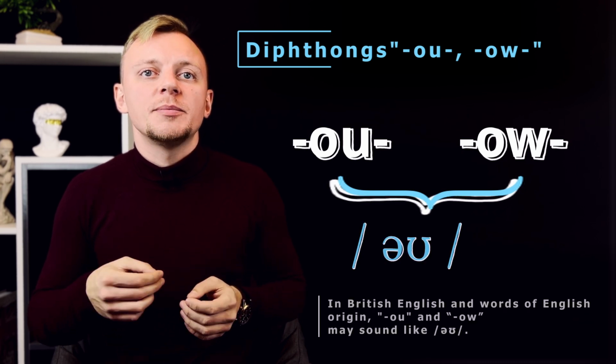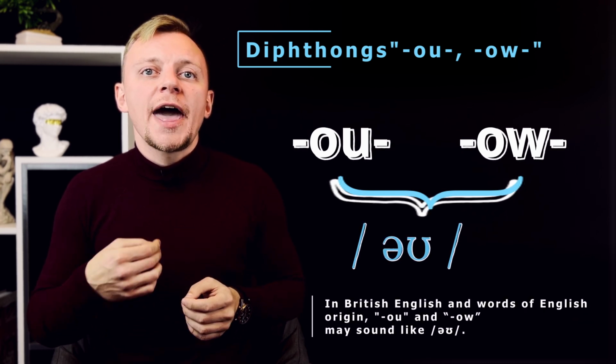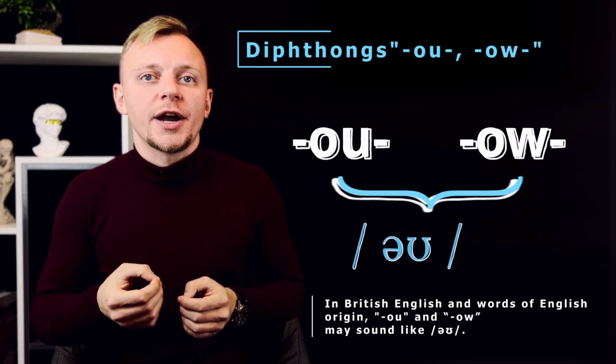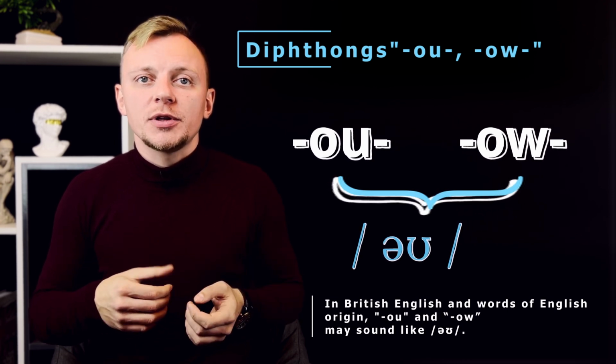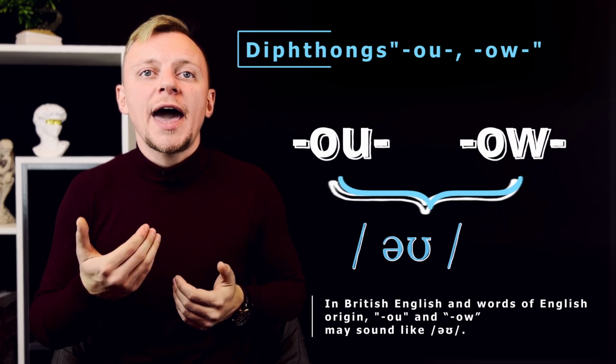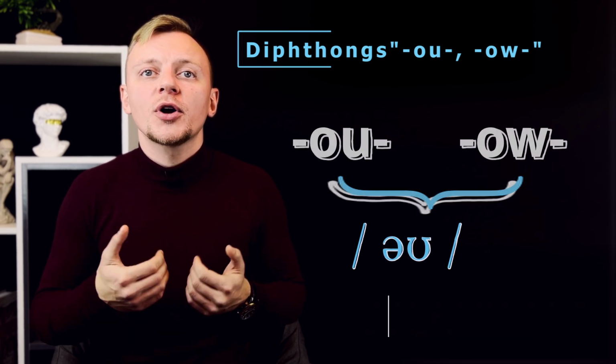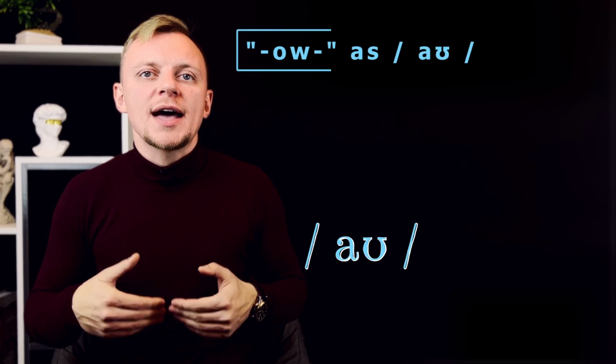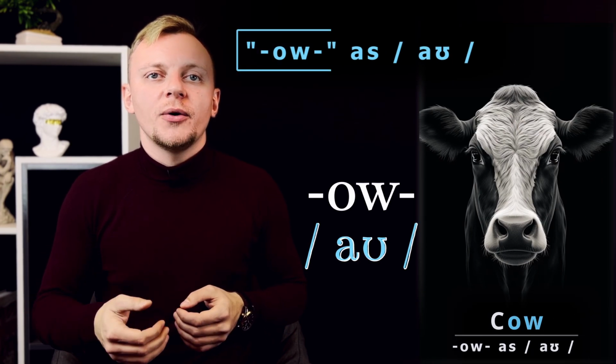In some words, particularly in British English and words of English origin, OU and OW may sound like O in thou or crow. OW as ow in the word cow.